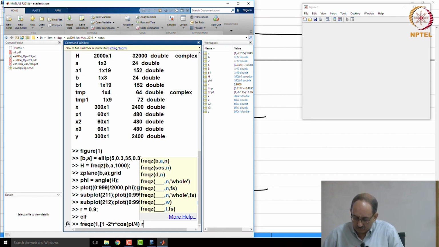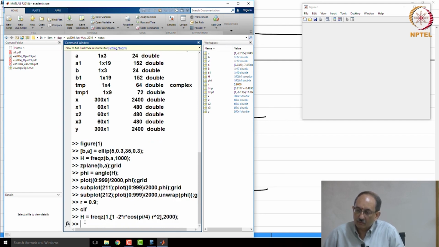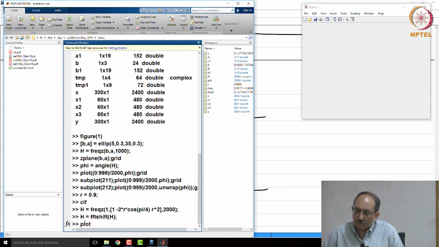Therefore, the other term has to be R power 2, and then let me evaluate this at 2000 points, all right, and then I will use FFT shift of this, and then I will plot angle between minus 999 to 1000 divided by 2000.